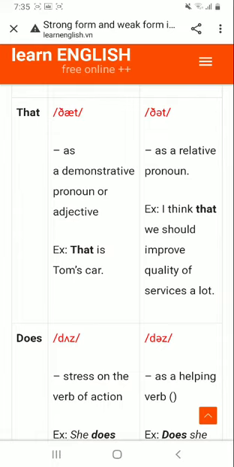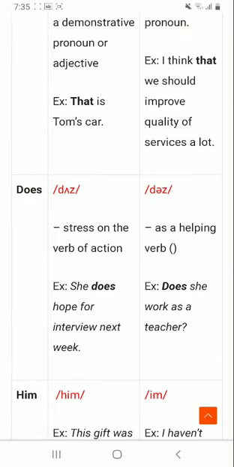Relative pronouns means that goes with the pronoun sound, that is called as that we. Okay, so that becomes strong when it demonstrates, and that becomes weak when it comes with the relative pronoun. Clear?